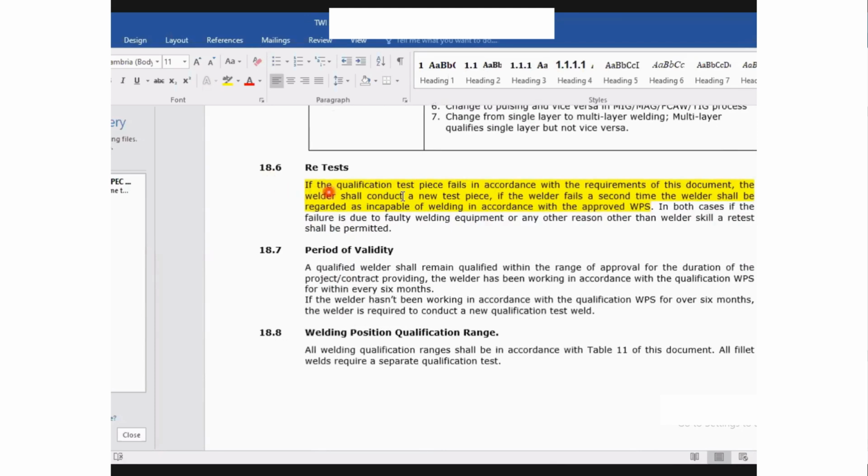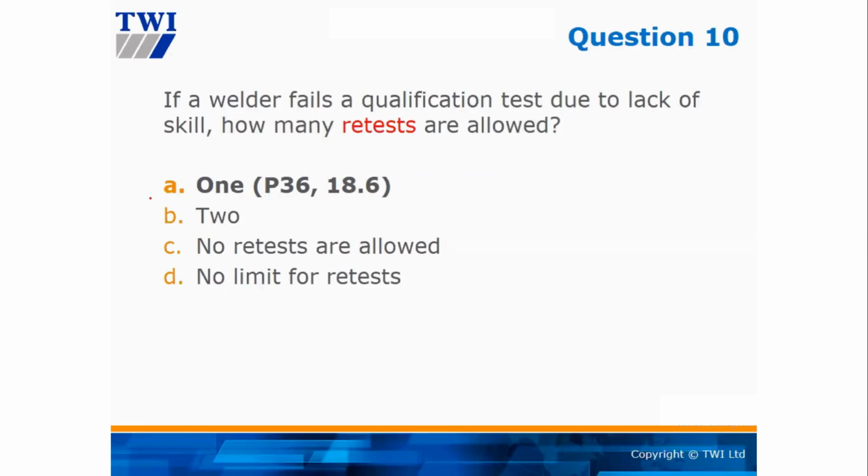If qualification test piece fail in accordance with the requirement of this document, the welder shall conduct a new test piece. If the welder fails second time, the welder shall be regarded as incapable of welding in accordance with approved WPS. So they only allow one retest. Yeah, from this statement, only one retest allowed. Okay. So the answer goes to alpha. All right.